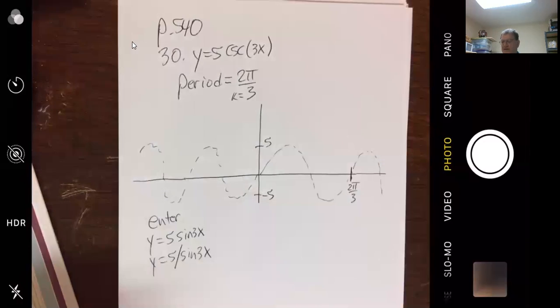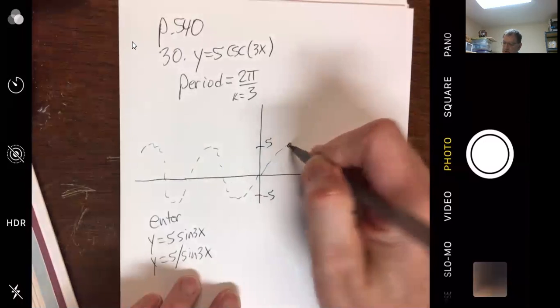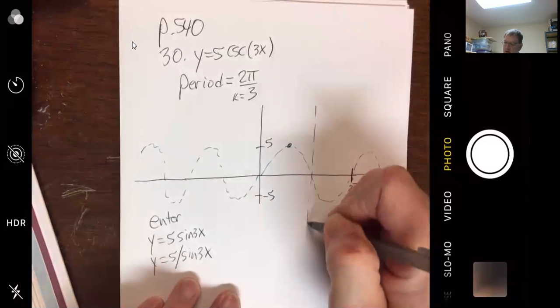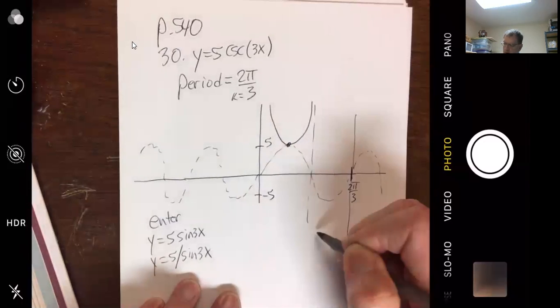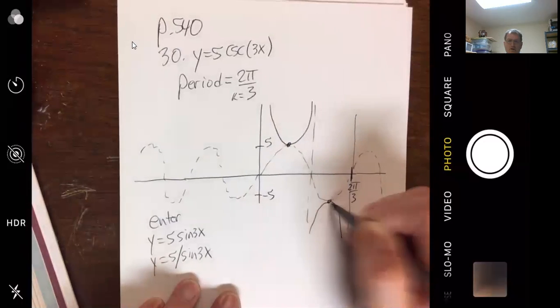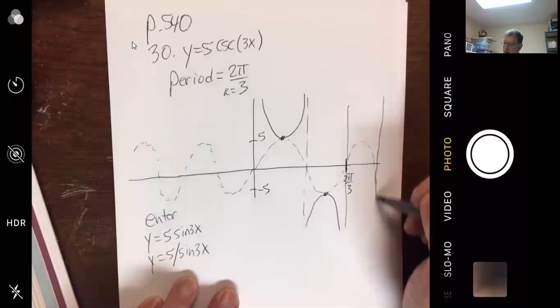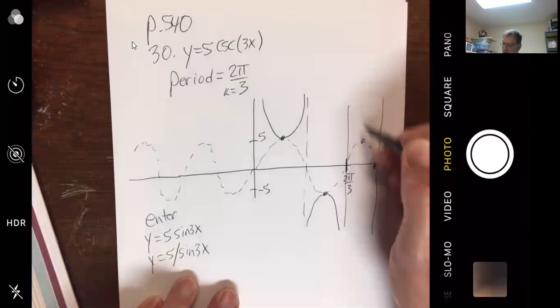Okay, and you don't really even have to draw the others. You just draw x-intercepts and you flip. Make sure that they coincide. Oops, okay.